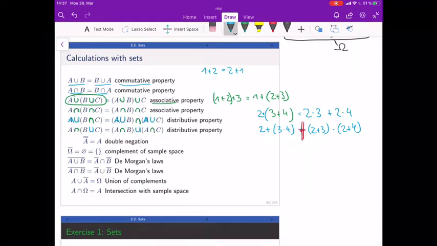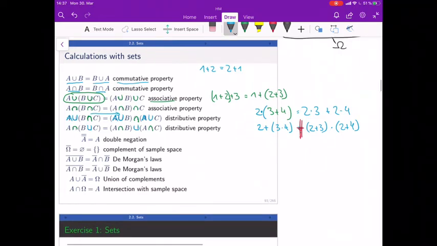Distribute it out. So this was reading from left to right, distributed out. We can also see it as collecting it, which we're gonna use sometimes.